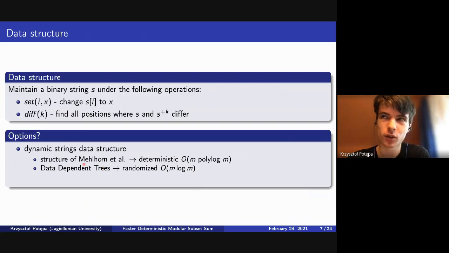If we want randomized time, then Cardinal and Diacono provided a new simple data structure, data-dependent trees, that allows randomized m log m time. There are also some more involved structures that do the same, but they simplify the algorithm.